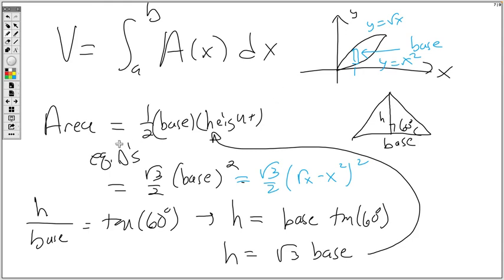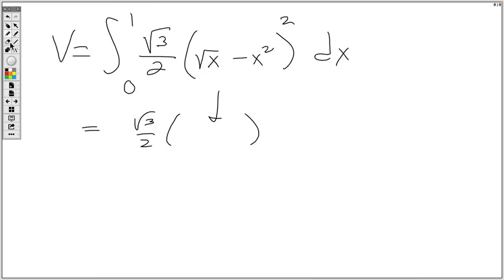Oh, I'm sorry. Yeah, I did get this wrong. Hold on. This right triangle here, this is not the base, but this is the base over 2, right? So I apologize. There we go. So this would be root 3 over 4.